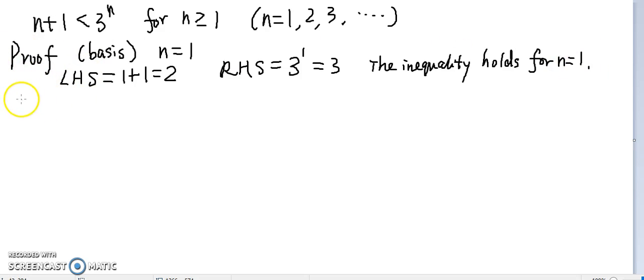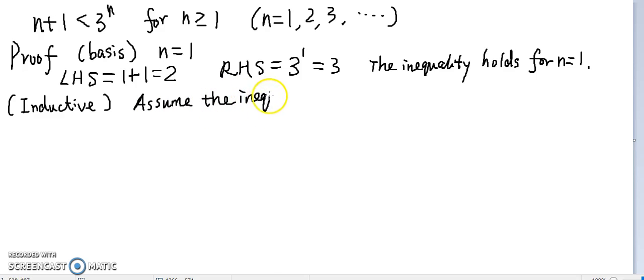Now let's do the inductive step. In the inductive step, we always assume the formula, or the inequality in this case, holds for n equal to k.